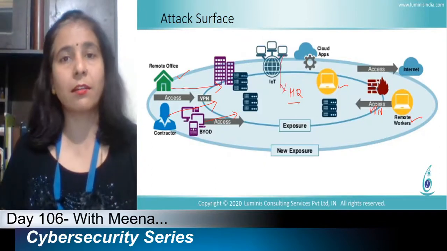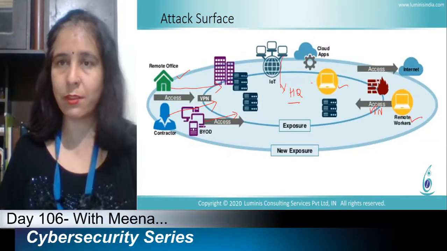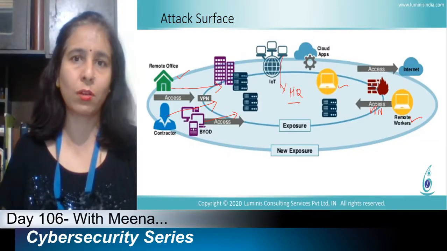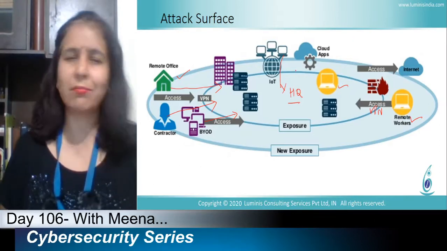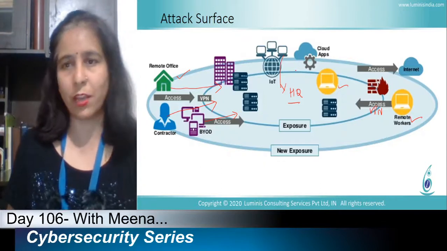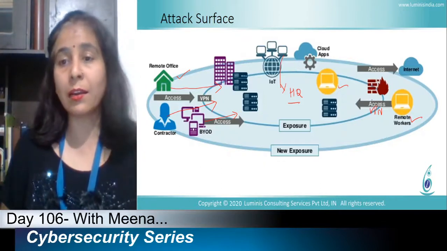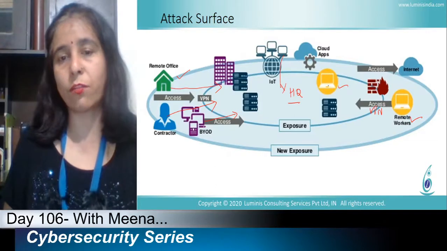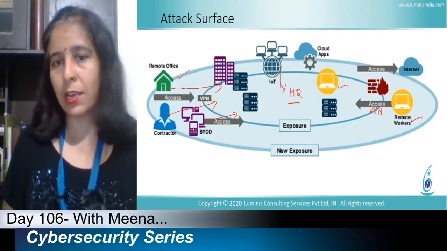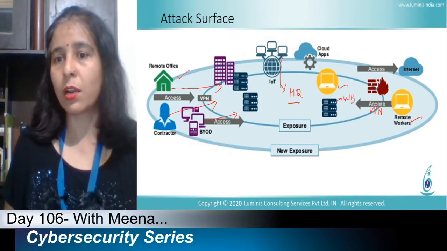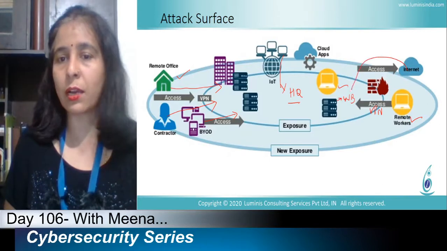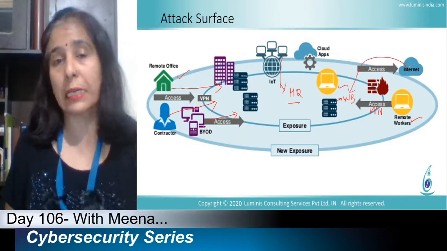Nowadays we are using cloud services, whether Salesforce, Google, or AWS, multiple kinds of cloud services. Another thing is the web server, and we are giving access to the web server to users on the internet.